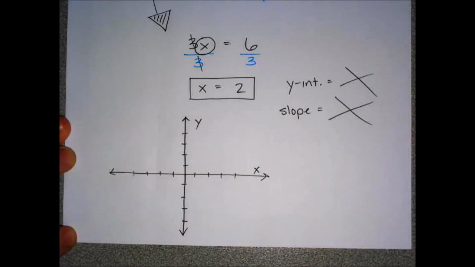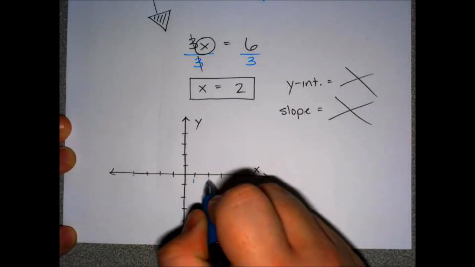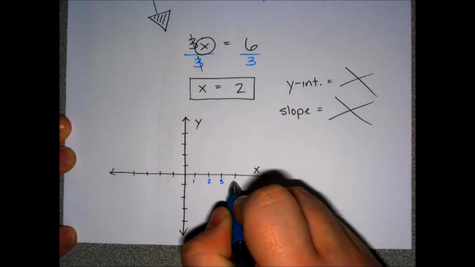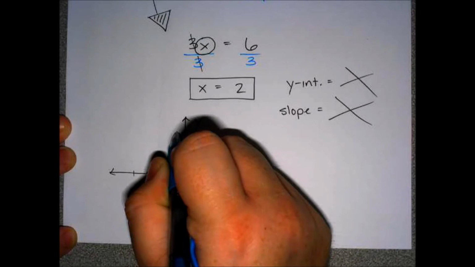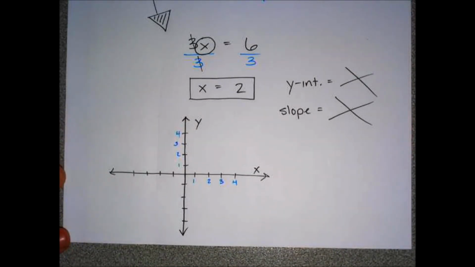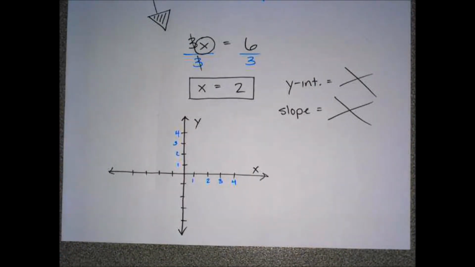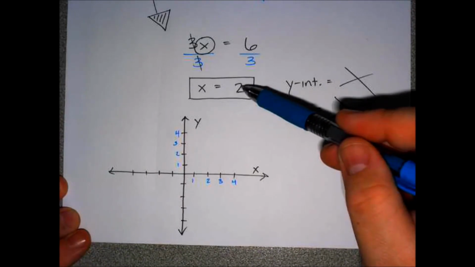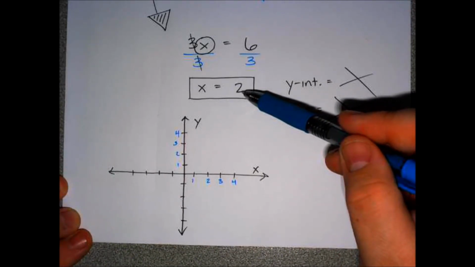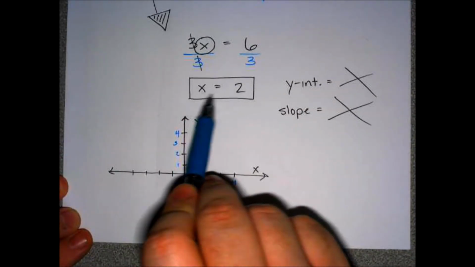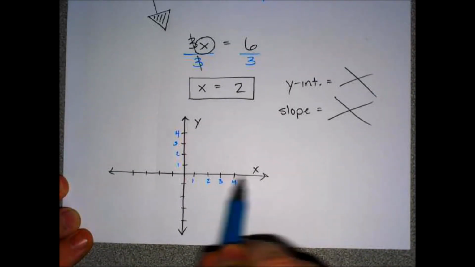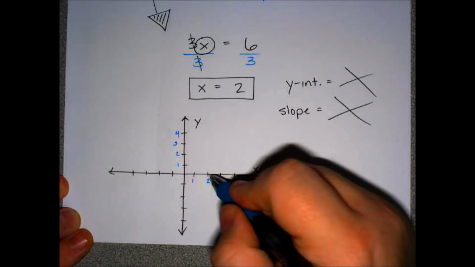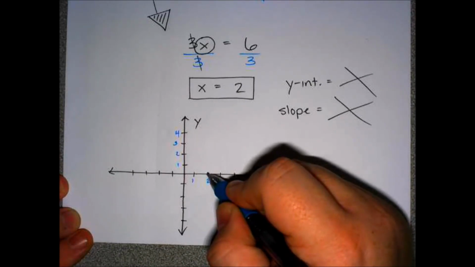Alright, and we're going to label this as 1, 2, 3, 4, and 1, 2, 3, 4. You can do the other ones, but just for the sake of this, we're going to find where x is equal to on the x-axis. So when it says x equals 2, look on the x-axis. It's 1, 2. We found it. So we know it goes through that point right there.